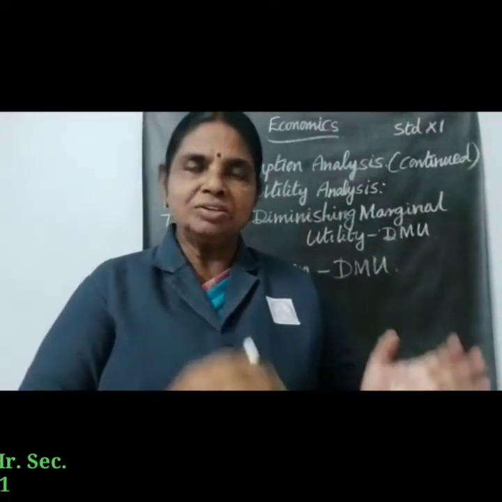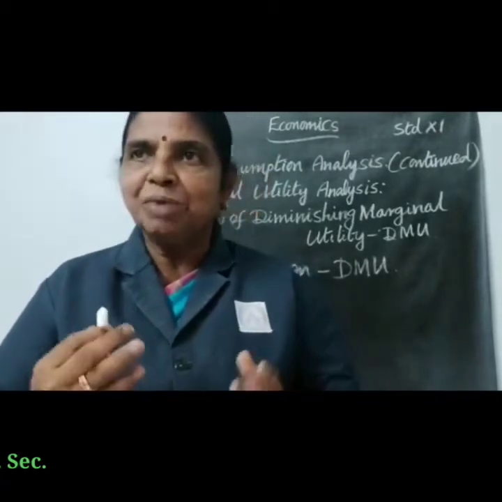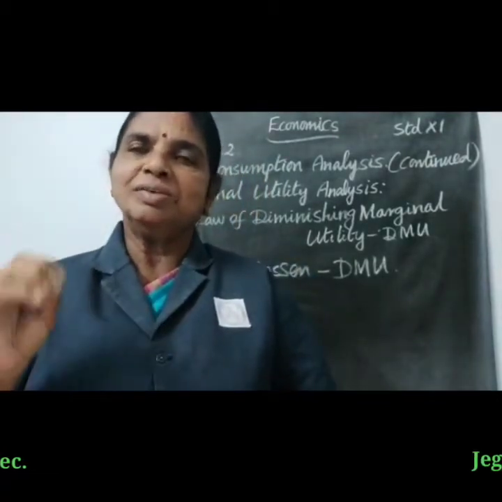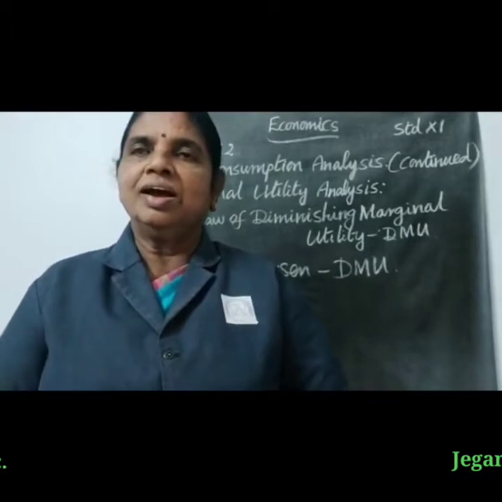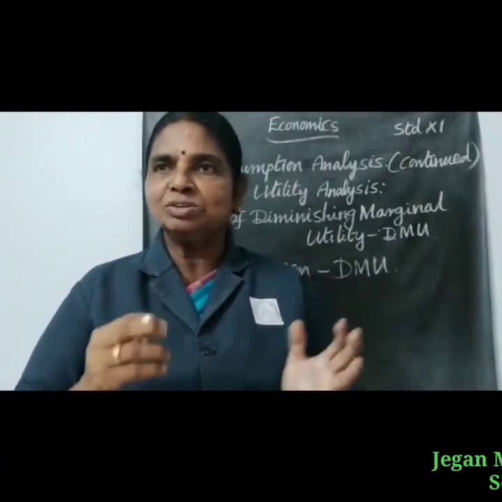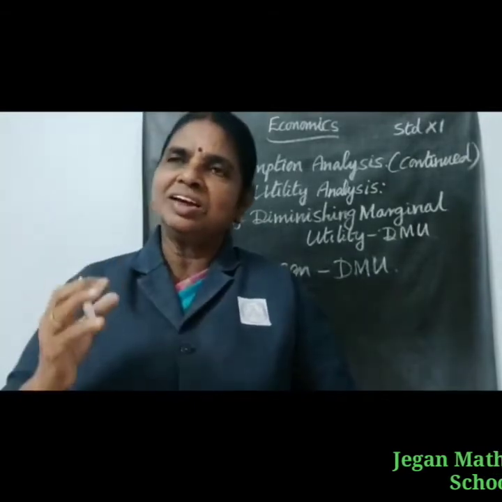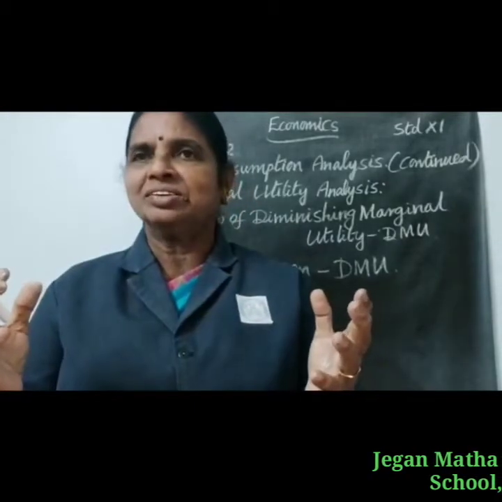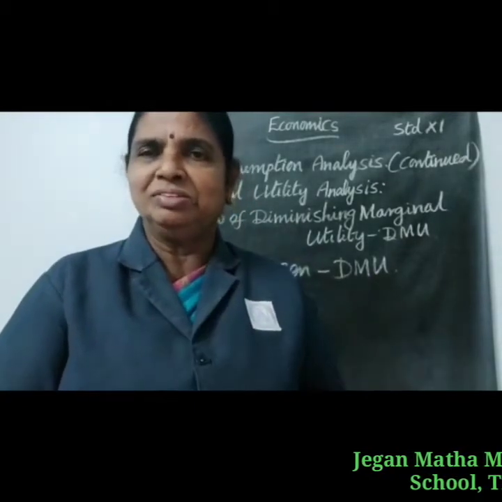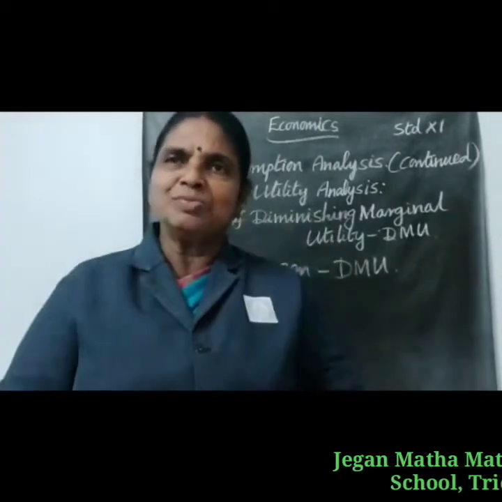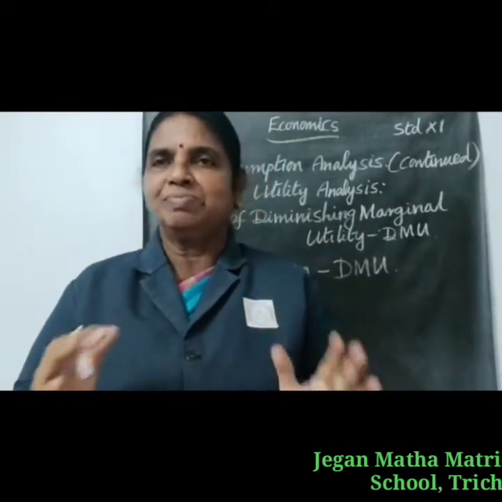Second, the marginal utility of money of the consumer remains constant. And third, the consumer should be a rational consumer, and his aim is to attain maximum satisfaction with minimum expenditure.